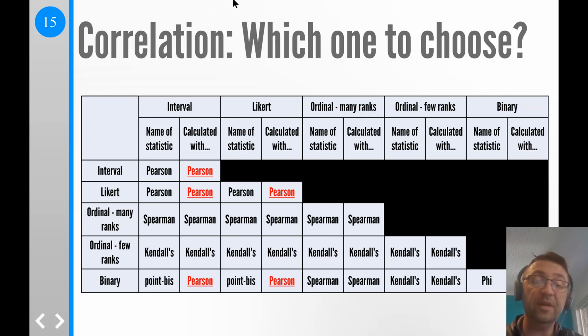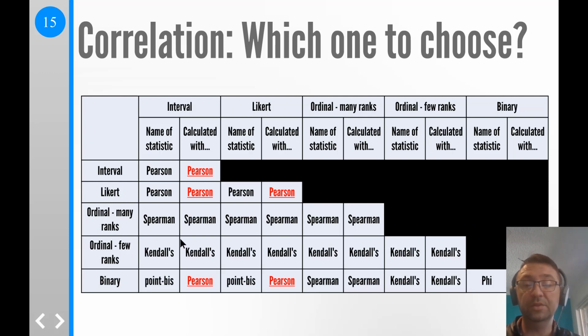So if we have an interval level variable correlated with interval, or an interval Likert correlated with Likert or interval, or with binary, then we use Pearson. The only exception is when you have ordinal variables with many or few ranks.